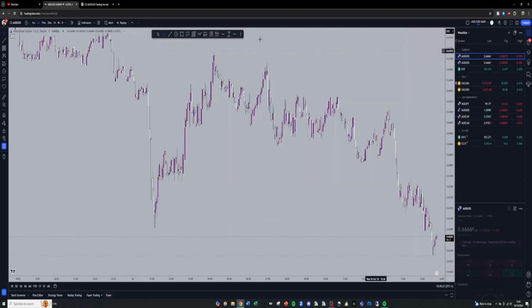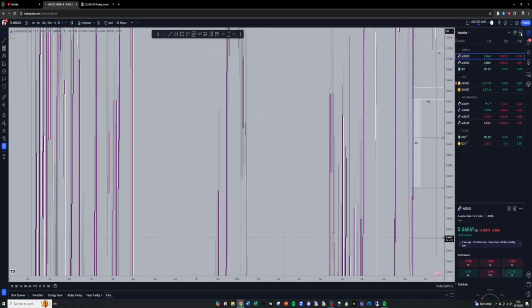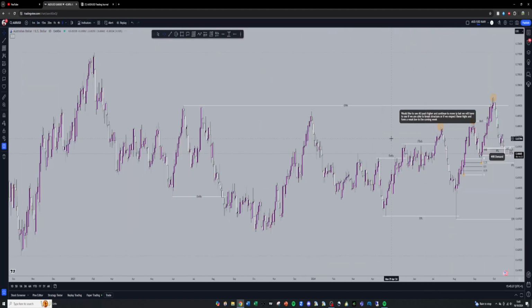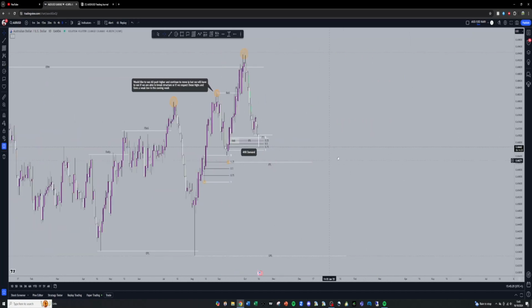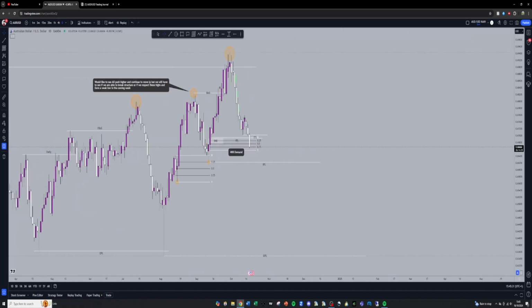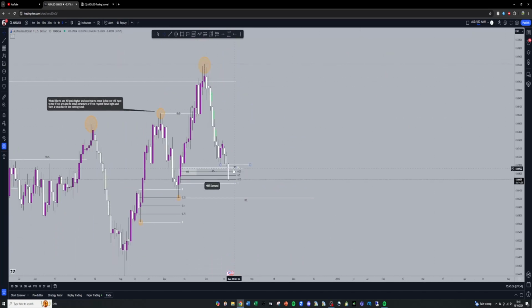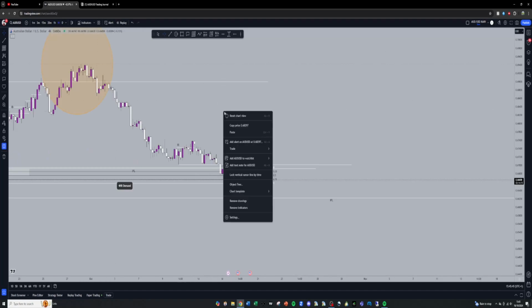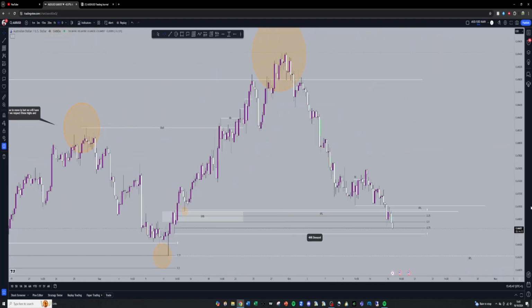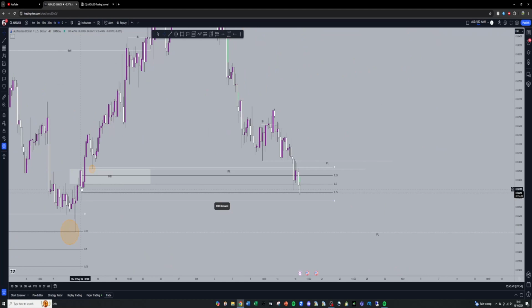So if we go on the higher time frame, this is my daily chart for AU. Basically what we have, as you can see, is we're in a downtrend on AU, so that aligns with our bearish setups. We are coming into a 4-hour demand, with an inducement.